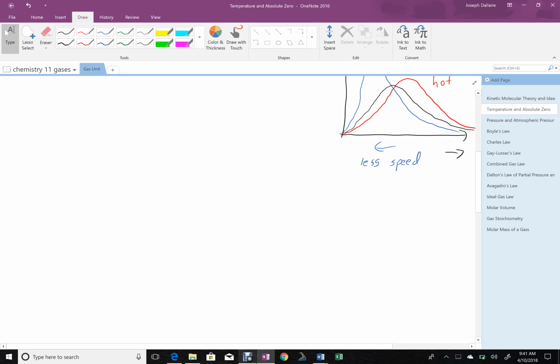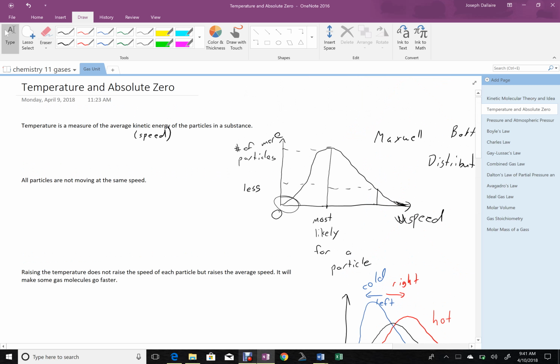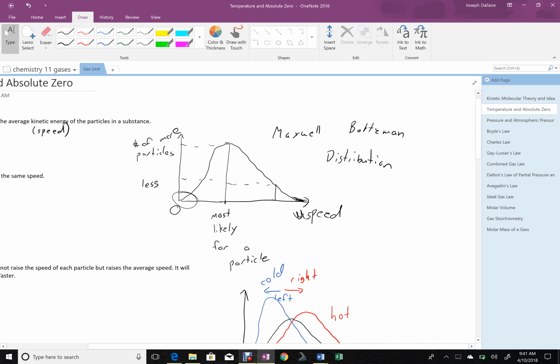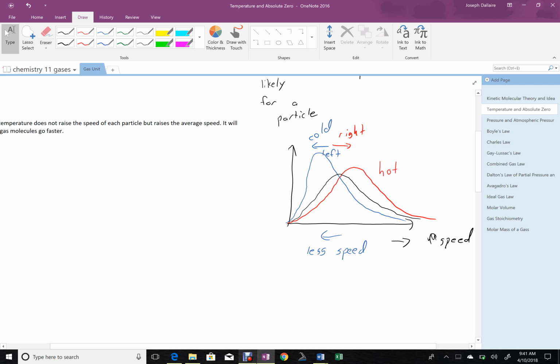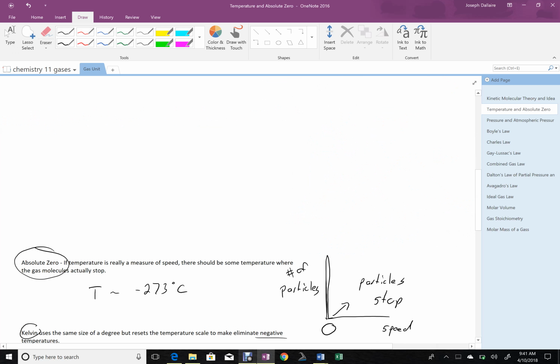So it's a bit complicated, maybe a little bit beyond grade 11, which is what this video is for, but that's really what temperature means. It means that there's a distribution of particles at different speeds, and some speeds are more likely than other speeds. To be hotter means you have a greater number of your particles at the faster speeds. To be colder means you have a greater number of particles at your lower speeds.